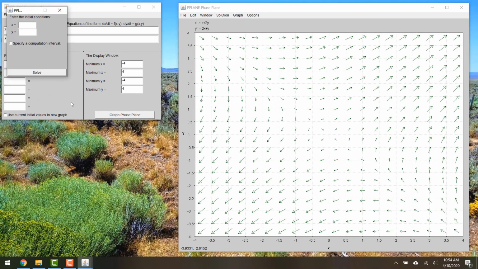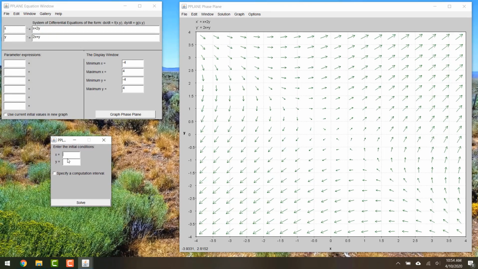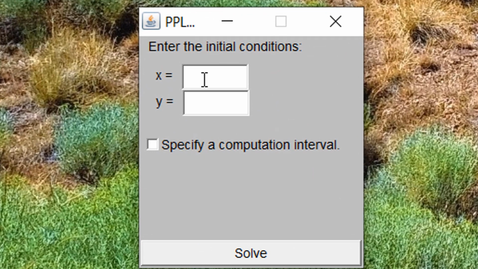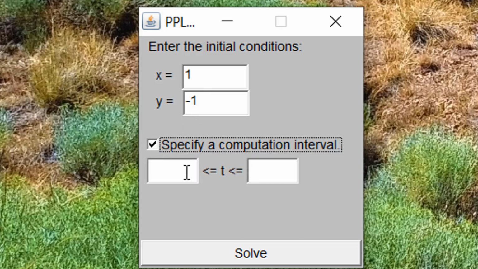You can actually type in what you want your initial point to be instead of trying to click for it. Let's make our initial value a multiple of the first eigenvector. So let's put 1, -1 in there. Let's specify a computation interval: time starts at 0 and goes to 10. And then say solve.